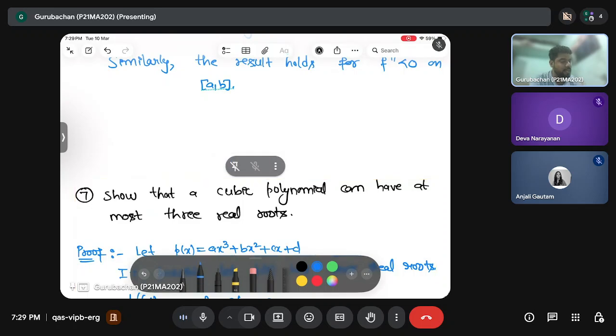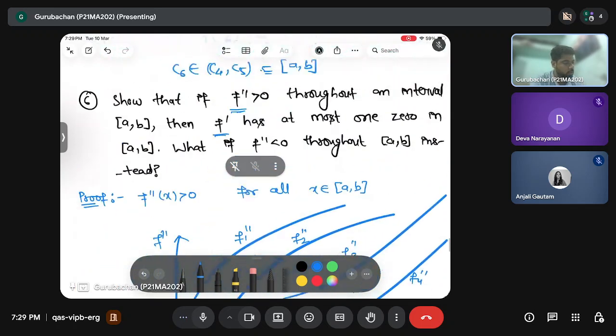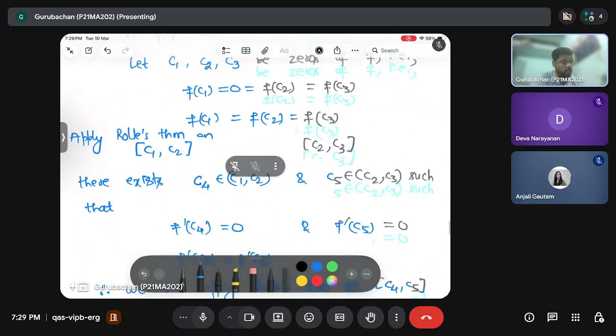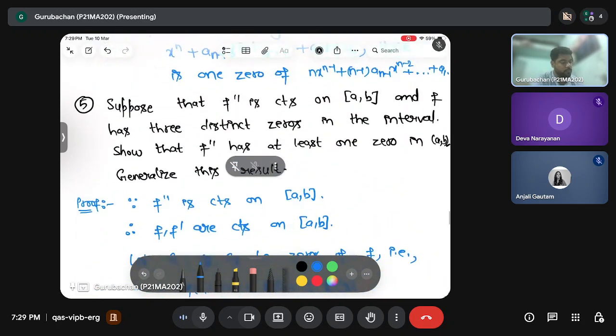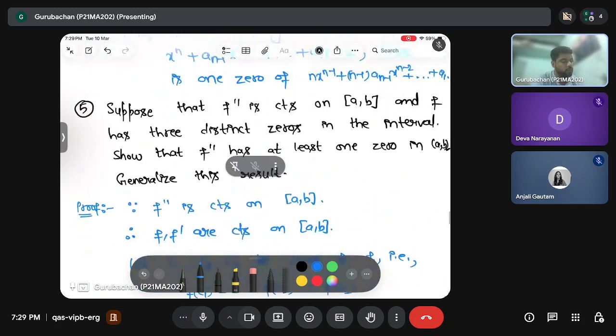We need to generalize this one. Question number 5, I would say. If f dash is continuous on AB, and f has three distinct zeros, then f double dash has at least one zero in AB.